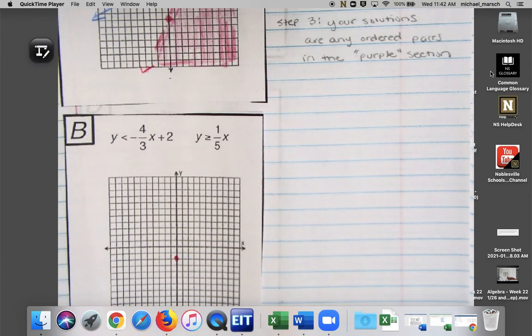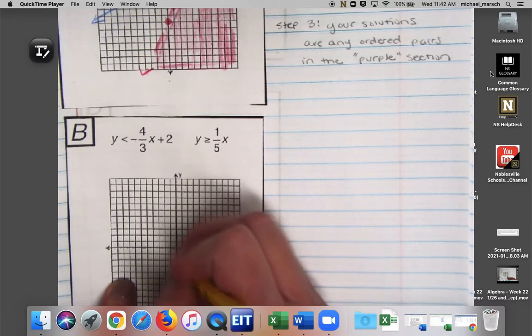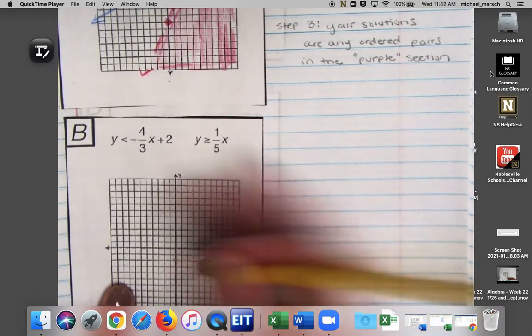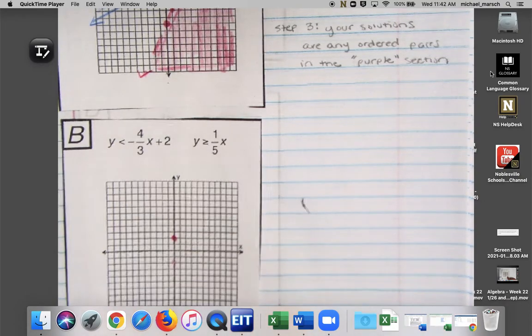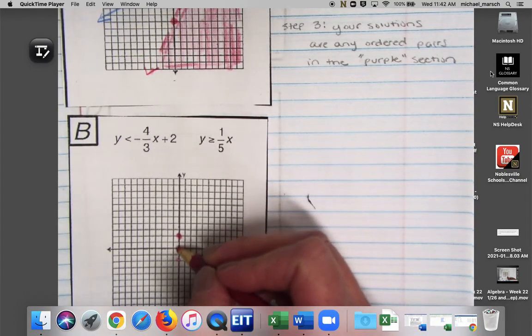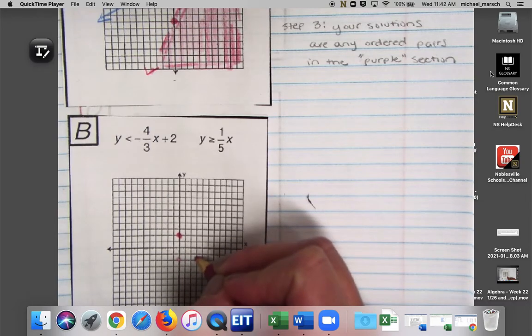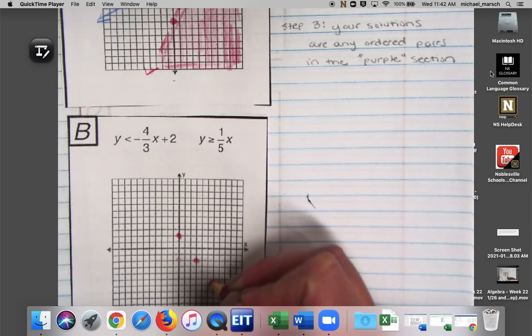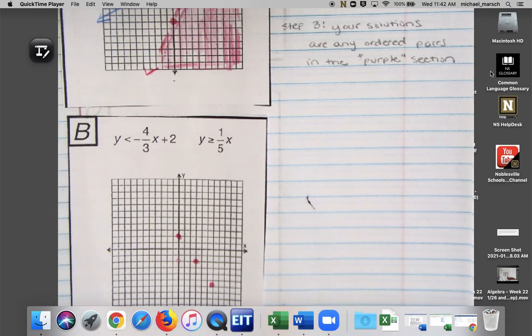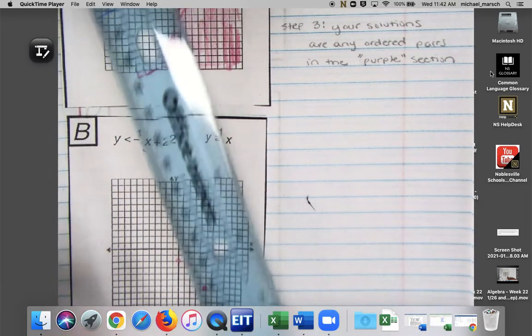Oh, is my y-intercept is +2. What am I doing? Lily, your eyes were like, why did she put that there? +2. So I go down 4, forward 3. And then I'm going to do my dashed line here.